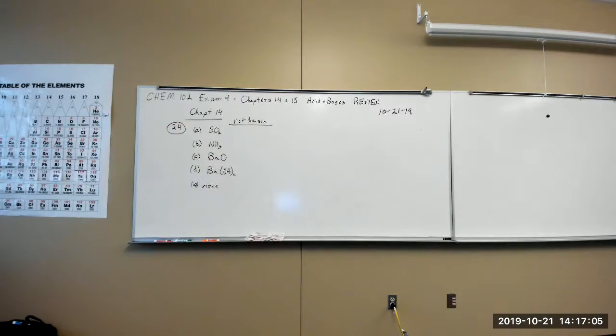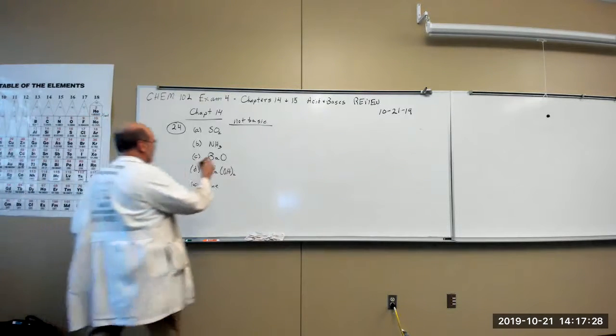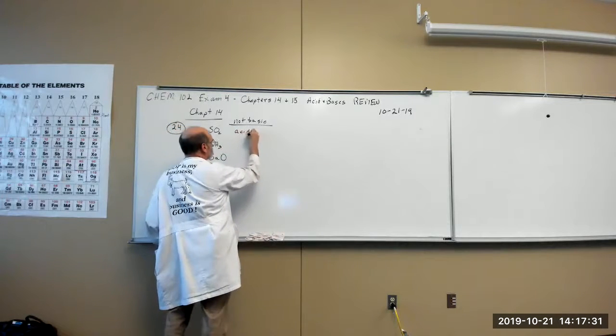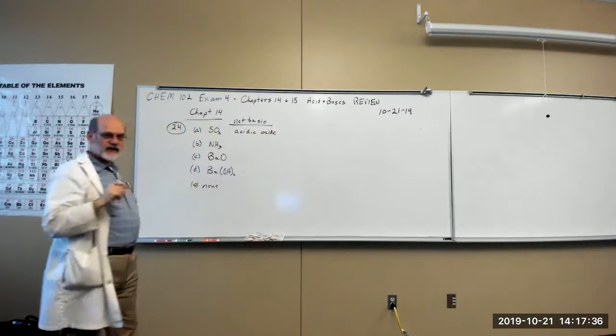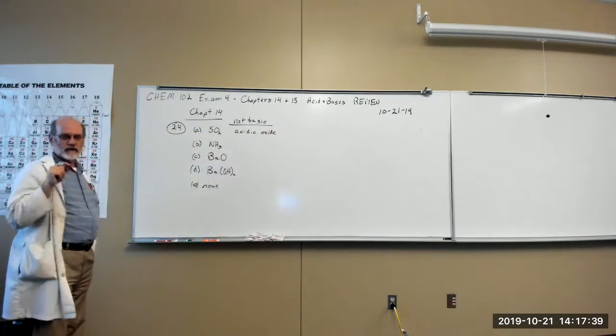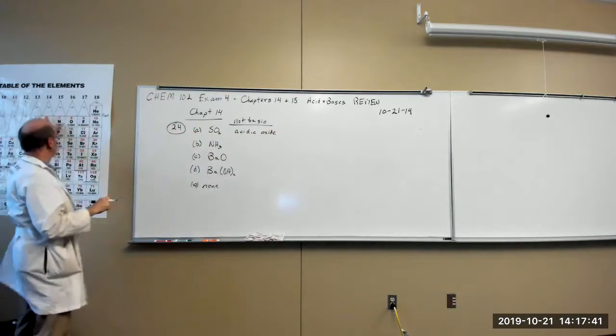So let me get my terminology correct. Remember, this one's an acidic oxide. How do we know? Acidic oxides are always oxides of nonmetals from over here.